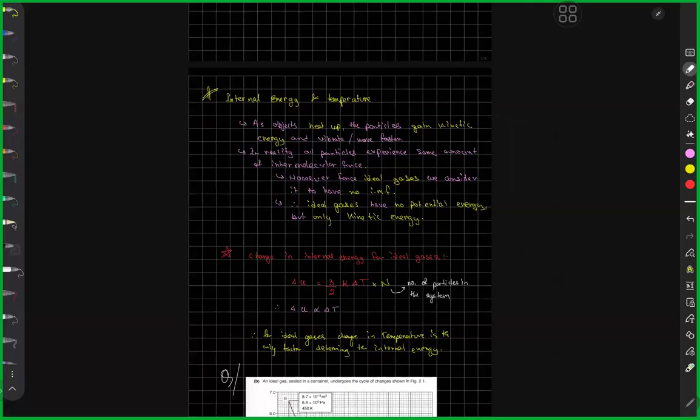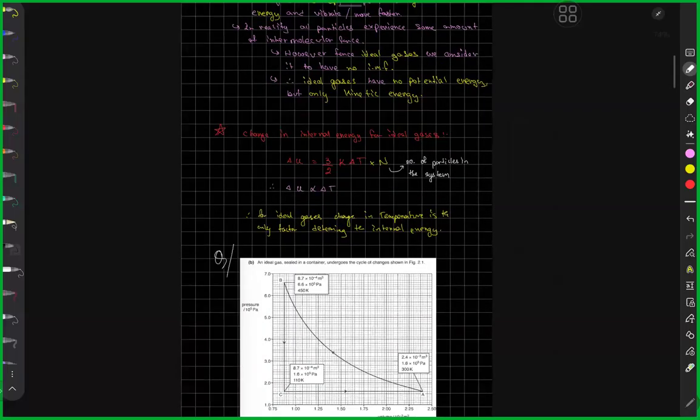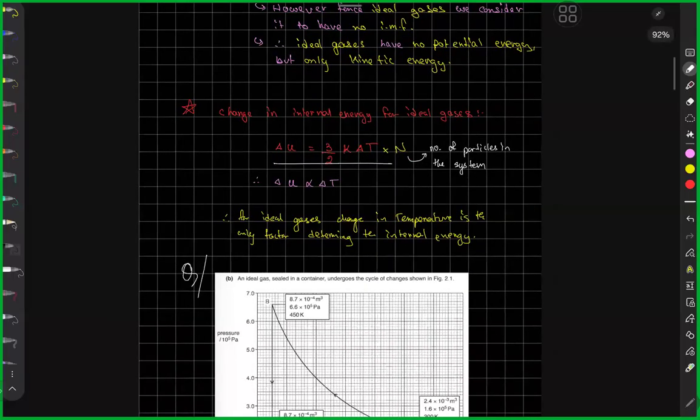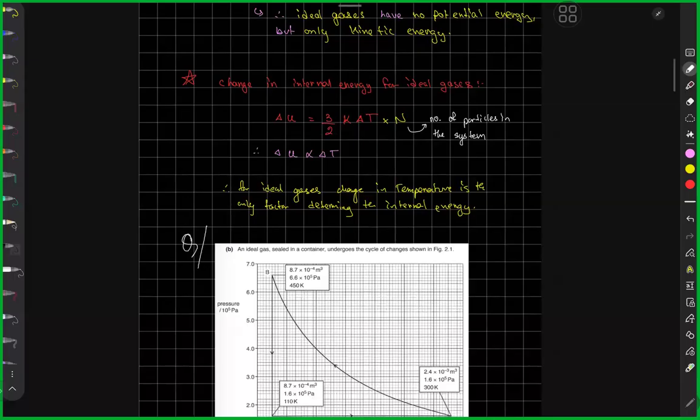I've explained this. Fair enough. Now, I showed you in the last PDF that change in internal energy is only related to the temperature. How does this come about? You saw KE is equal to 3/2 kT, right?